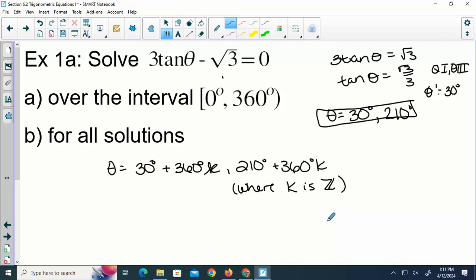So that tells me I could add or subtract 360 degrees as many times as I want, and I will still get those to occur. Questions?